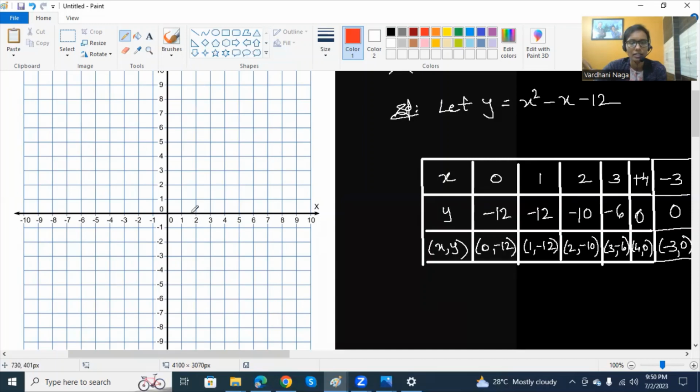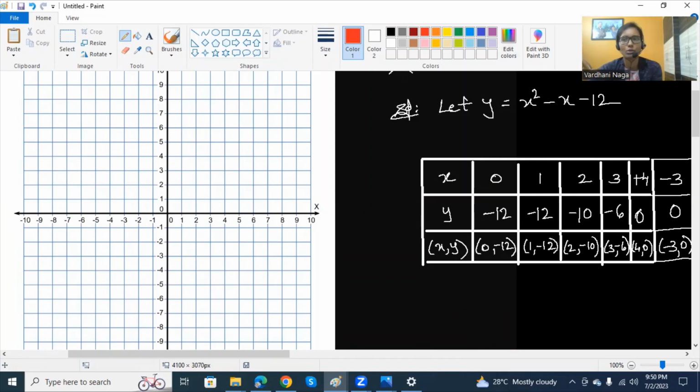Always maintain the first quadrant, second quadrant, third quadrant and fourth quadrant. First quadrant, all the numbers are positive, x and y are positive. Second quadrant, x is negative, y is positive. Third quadrant, both x and y values are going to be negative.